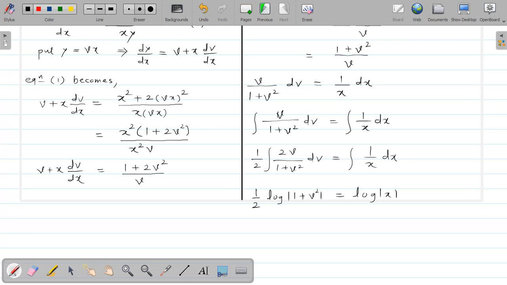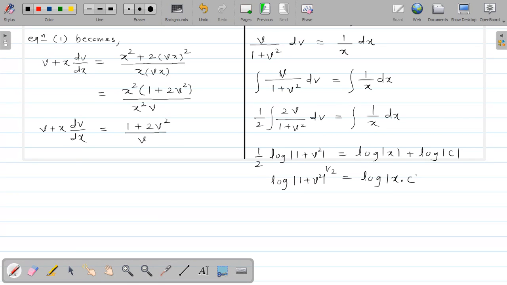Now both sides contain the log, so I will write the constant as log of modulus of c here for further adjustment. Now here I will write log of (1 plus v square) raised to 1 by 2. Okay, and here it is log of modulus of x into c by logarithmic rule.